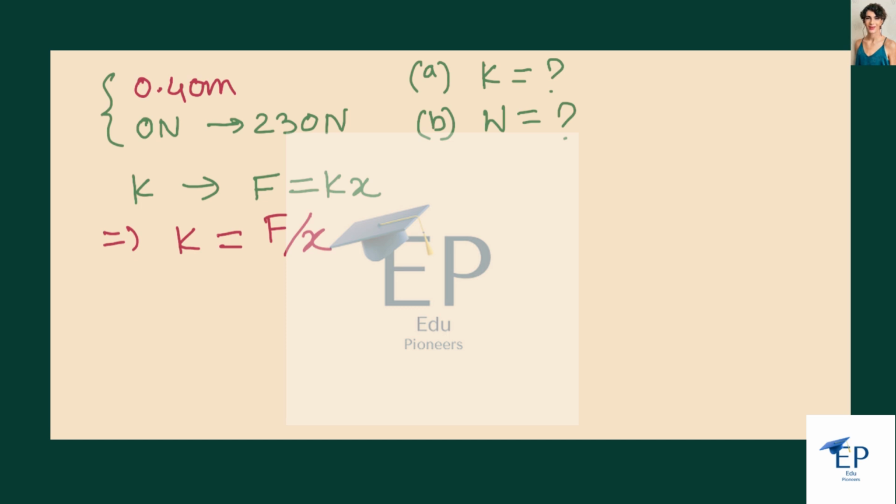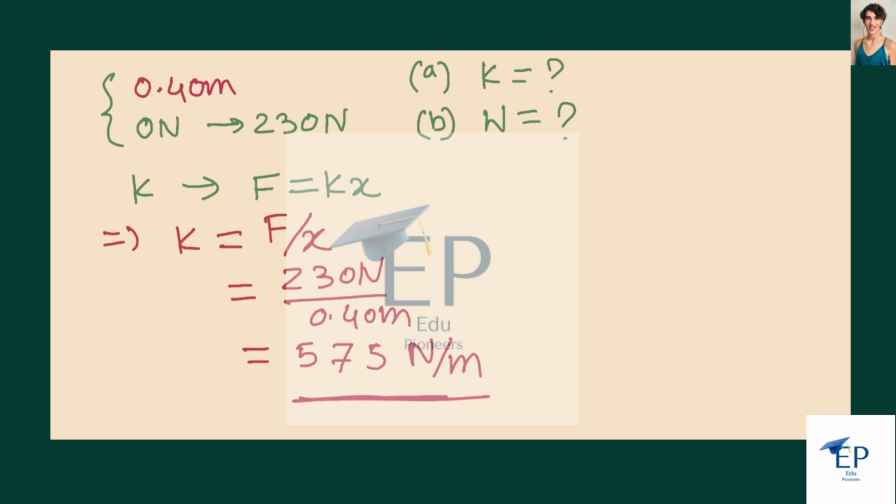If you substitute this, you can write 230 Newton over 0.40 meter, and that is just 575 Newton per meter. So this is the spring constant for the bowstring.